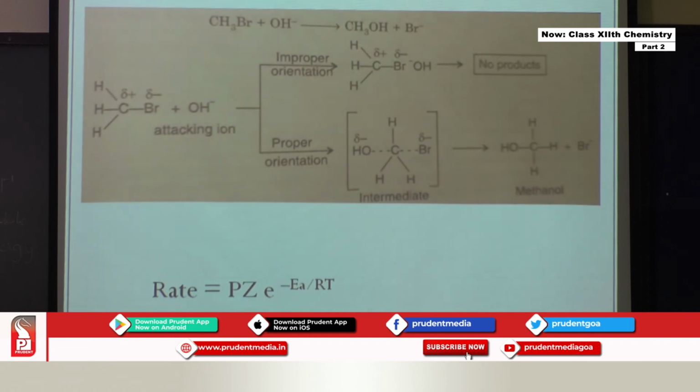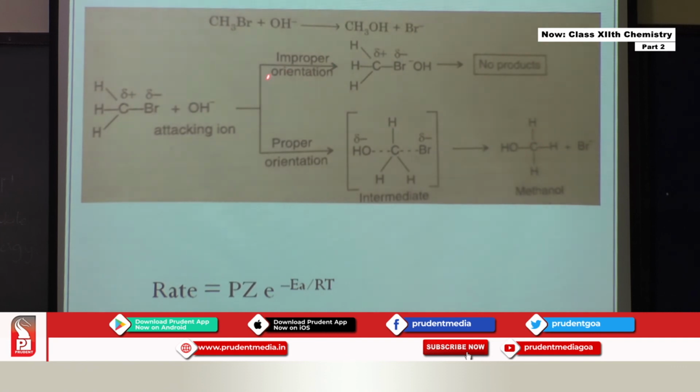In the mechanism, these are the reactants, and if the nucleophile attacks from the same side as that of bromine which is supposed to leave, then there are not going to be any products formed.